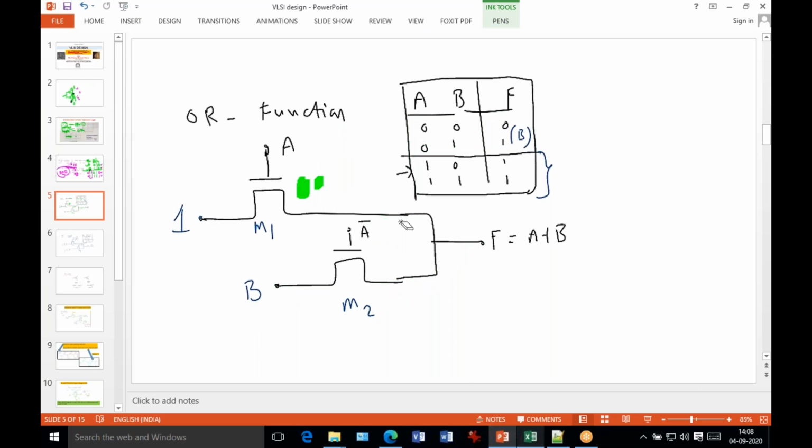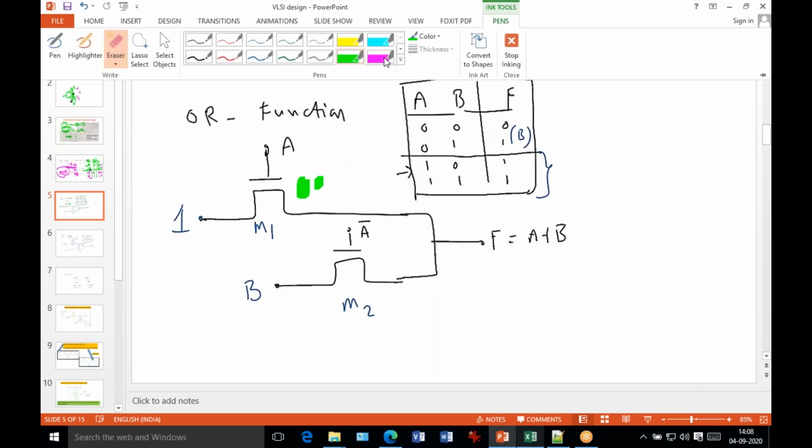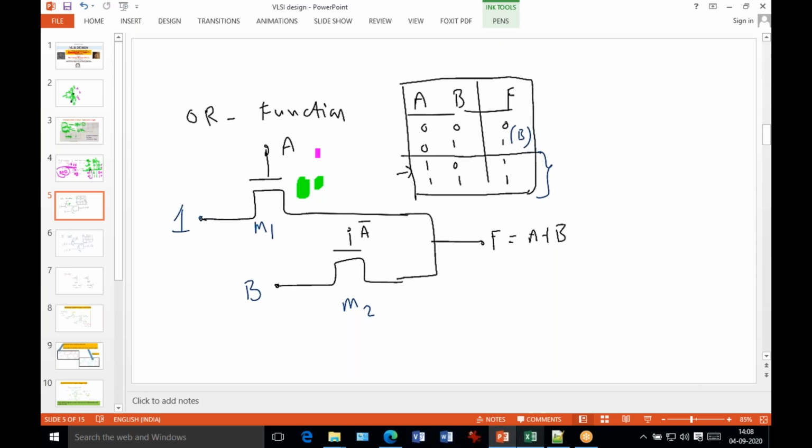Okay, so in the first case, my input is 0. Now this time I put 1. This time my A input is 1. Okay, so please understand this one. If my input is 1, so automatically this is 0. Now just observe.